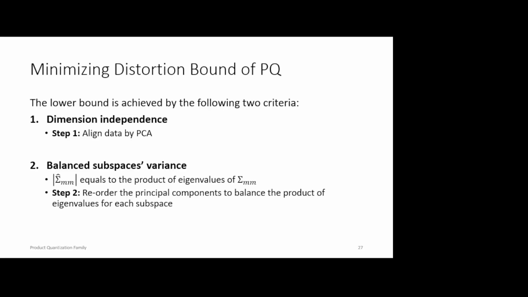This is sorted order. This is the eigenvalues, and then list the corresponding vectors. After PCA you get, for example, four eigenvalues, and we want to reorder them to make the criteria balanced.